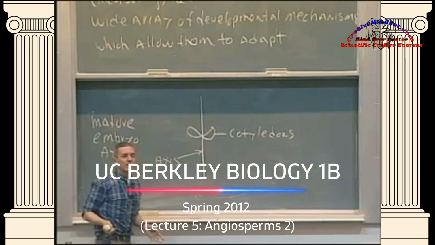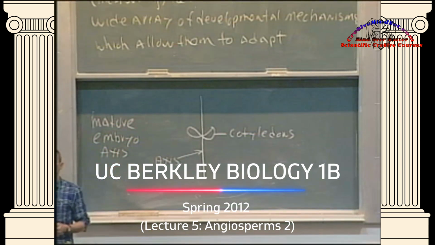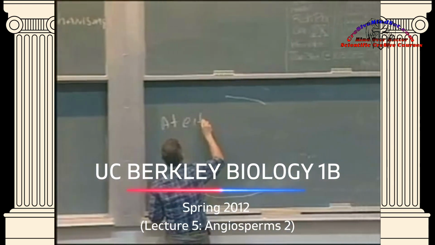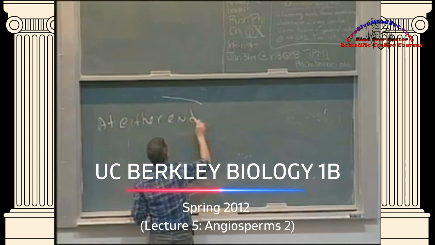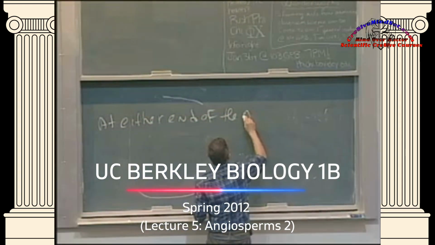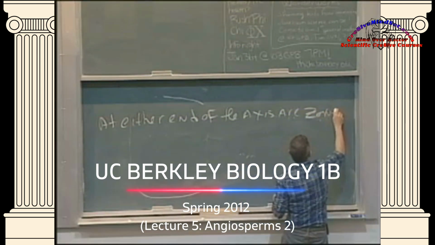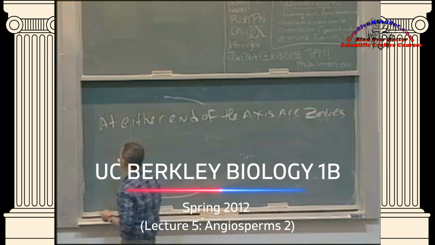Now, of all the points that I'm going to make in today's lecture, probably the most important, and the one which is also the hardest for you to grasp, is the following. And I'll write this down for you. At either end of the axis are zones of high cell division activity.